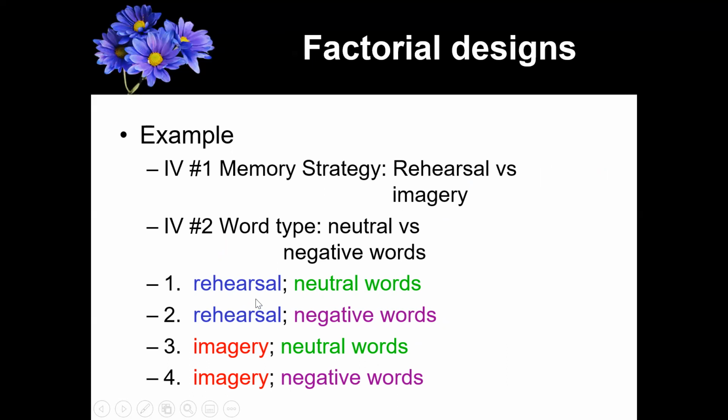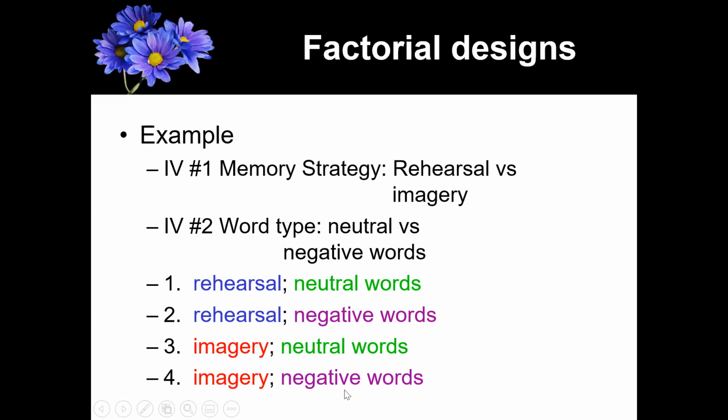So again, we're going to have all the combinations of those levels. So we're going to have one condition. We had a slightly different order, but that doesn't really matter. One condition where it was rehearsal for neutral words, one where it was rehearsal for negative words, one where it was imagery for neutral words, and then one where it was imagery for negative words.